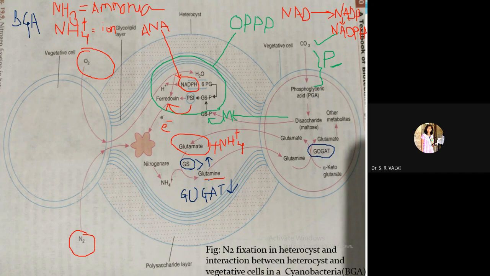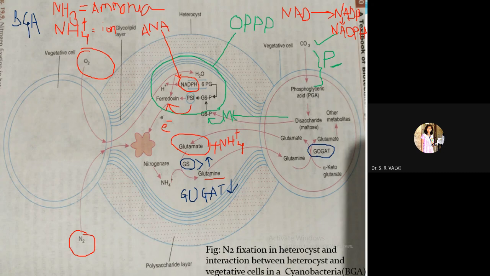So glutamine is the first product of nitrogen fixation in algae. Please do remember, in the case of bacteria like Clostridium, we have seen ammonia is the product. In this cyanobacteria, glutamine, a kind of amino acid, is the first product of nitrogen fixation, and glutamine is transferred from this heterocyst to the vegetative cell.